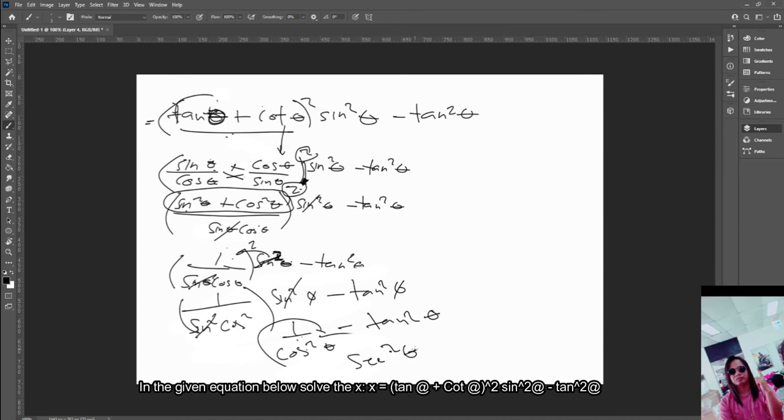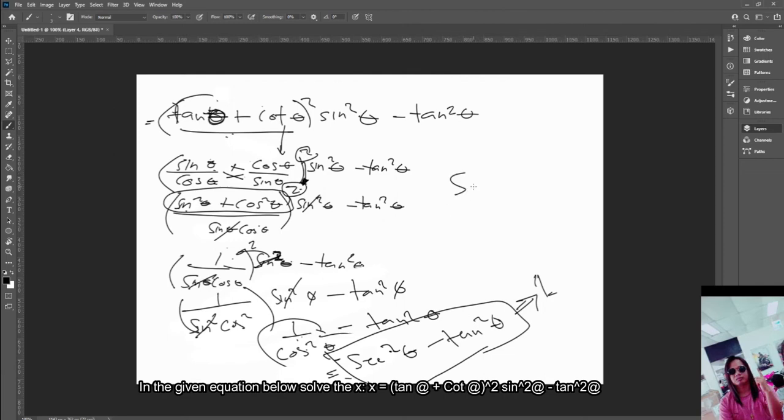So secant squared theta minus tangent squared theta, and we can write this down in the expression, guys. Okay, this is another identity here. If you try to look at the identity table, this is going to equal 1.